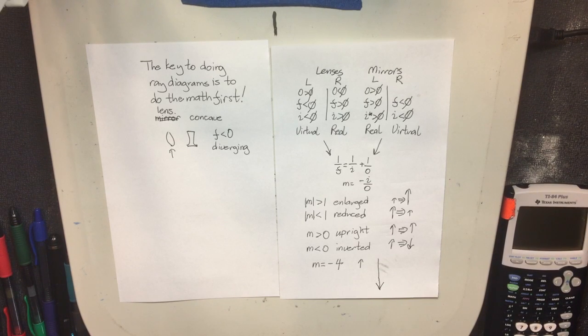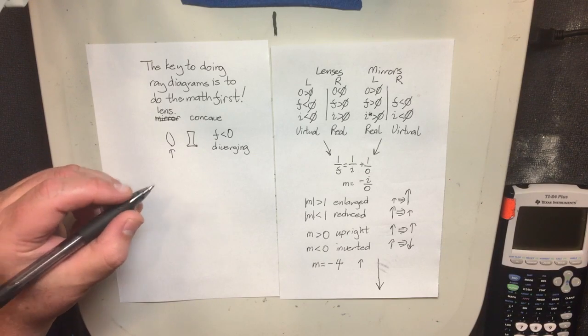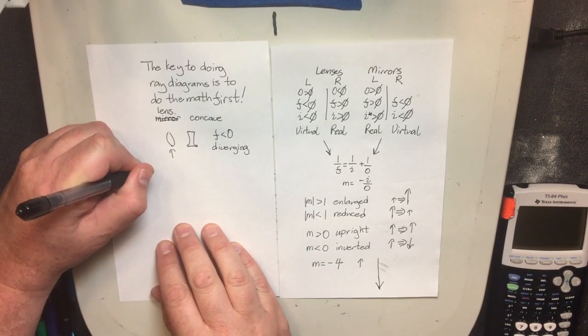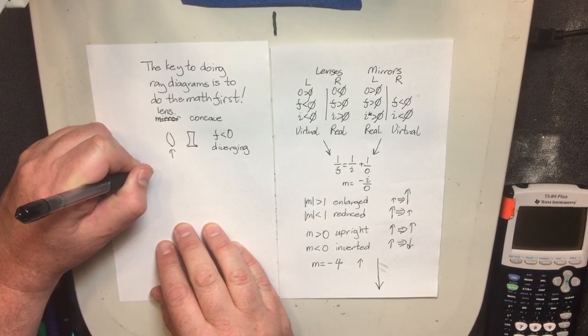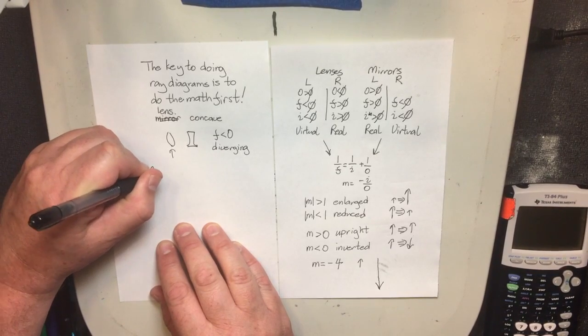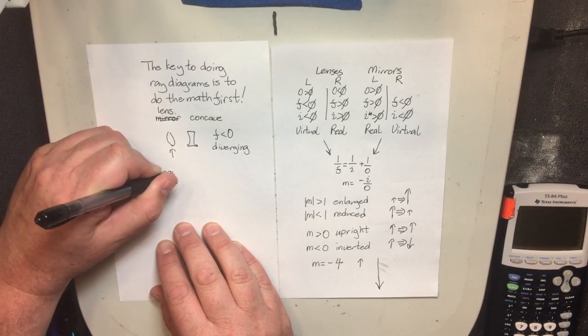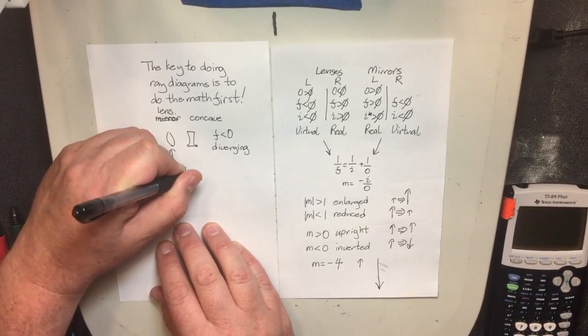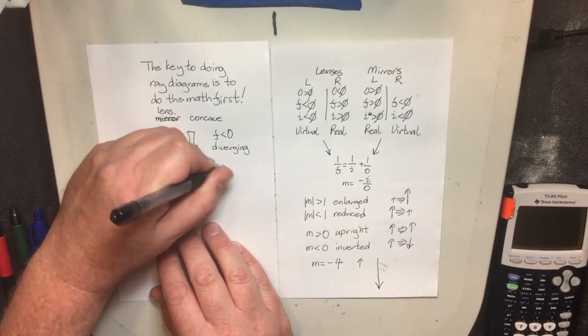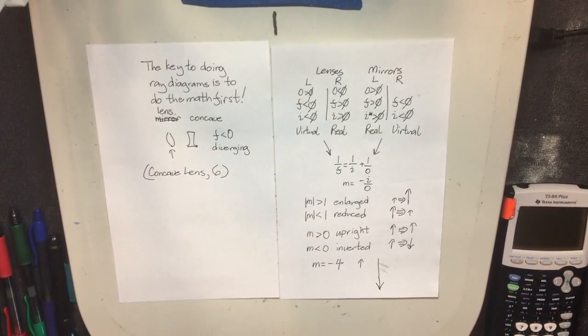Trying to think of the math. It is a concave lens, comma 6. So if it's a concave lens, comma 6, sometimes I put the unit in, sometimes I don't.